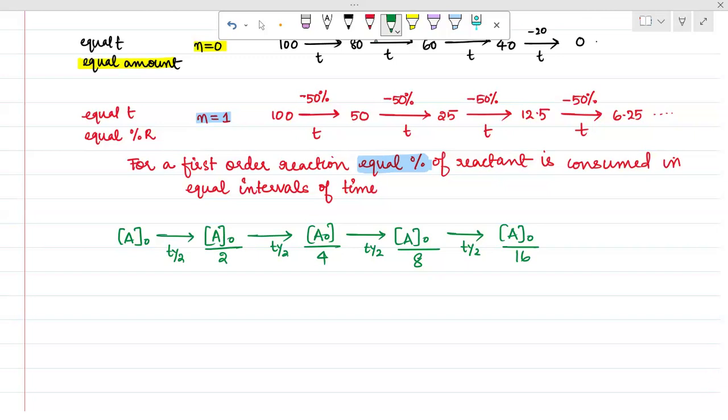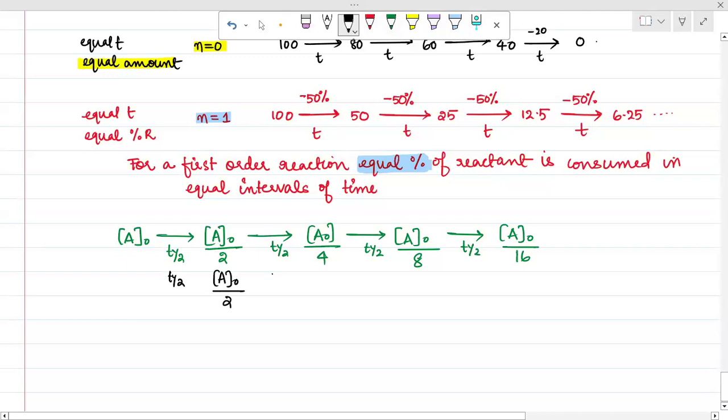Okay. So there was a question in one among the competitive exams where they ask the concentration of the reactant which is left after n half-lives. I'll explain. Here, after the first half-life, you have initial concentration by 2.